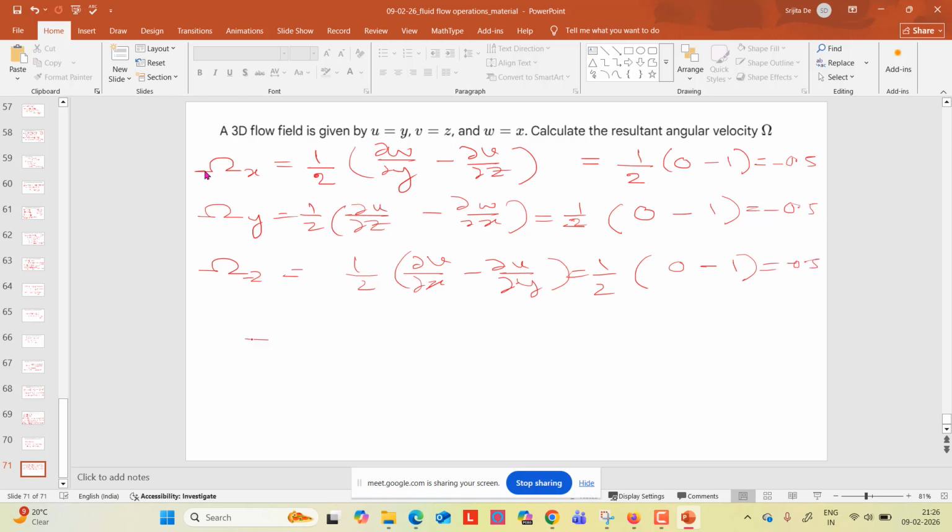So the resultant angular velocity is the square root of 0.5 square plus 0.5 square plus 0.5 square. So it is 0.866 radian per second.